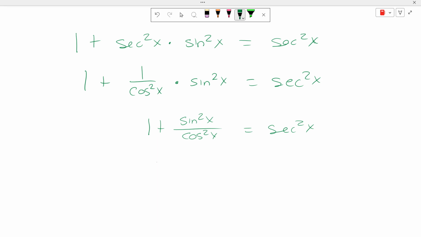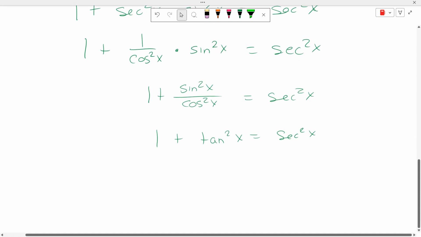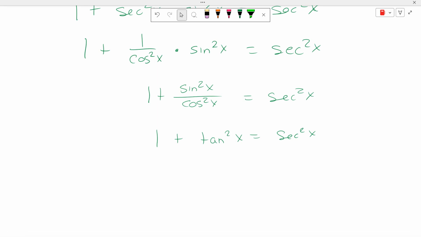Ooh, then I have 1 plus tangent squared of x equals secant squared of x. And according to Maguire, 1 plus tangent squared is on one of your Pythagorean identities, which means the same as secant squared of x.